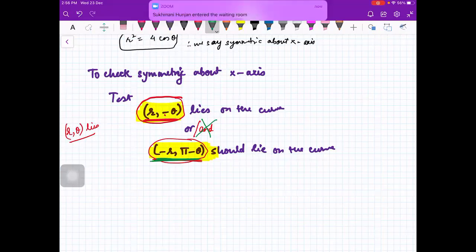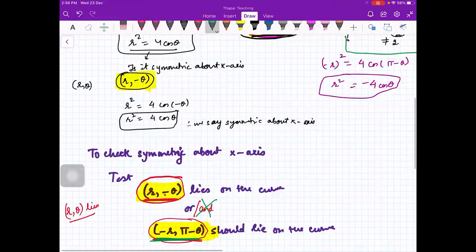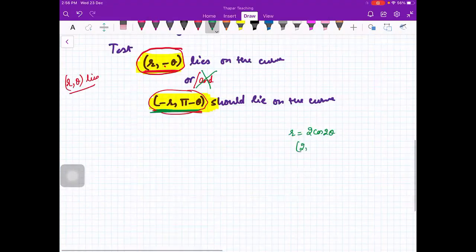I gave you an example. r is equal to 2 cos 2 theta. This was the example I have taken. So I told you 2 comma pi by 2. This point sits here. And if you put this name in the curve, you see this point does not lie.